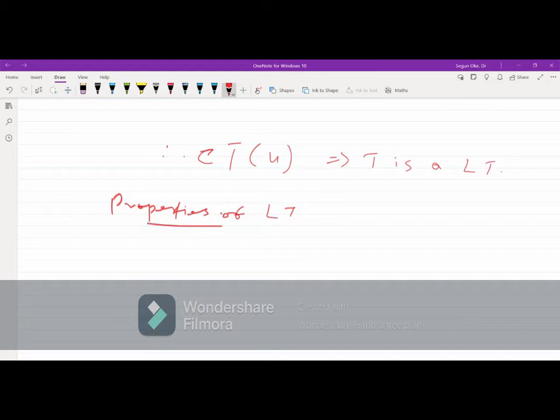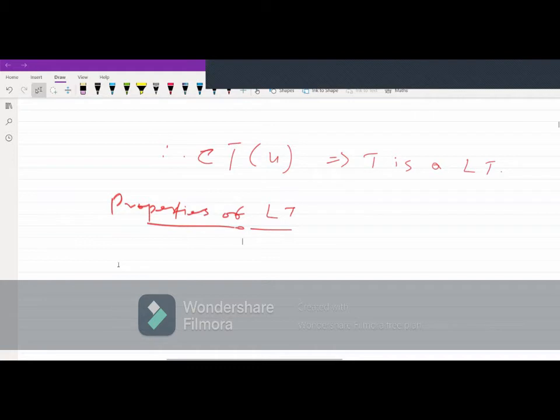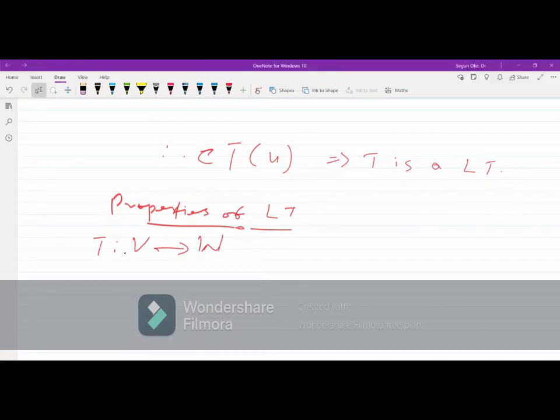Anytime I put LT, it means linear transformation. So the properties say, let's say our T such that V maps to, that is domain, maps to codomain, and U, comma V, they all belong to our domain.